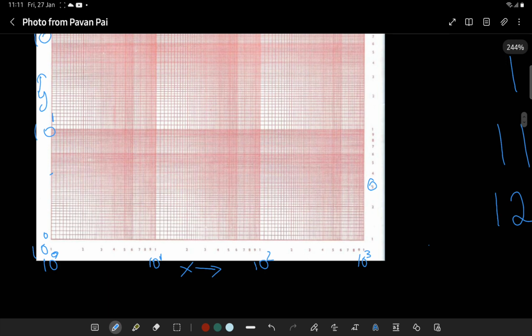Next, first one is 11. Where is 11? It's just 1.1 into 10 power 1, that is 11, means one line after this 10 power 1. This is 10 power 1, and here is the 11.